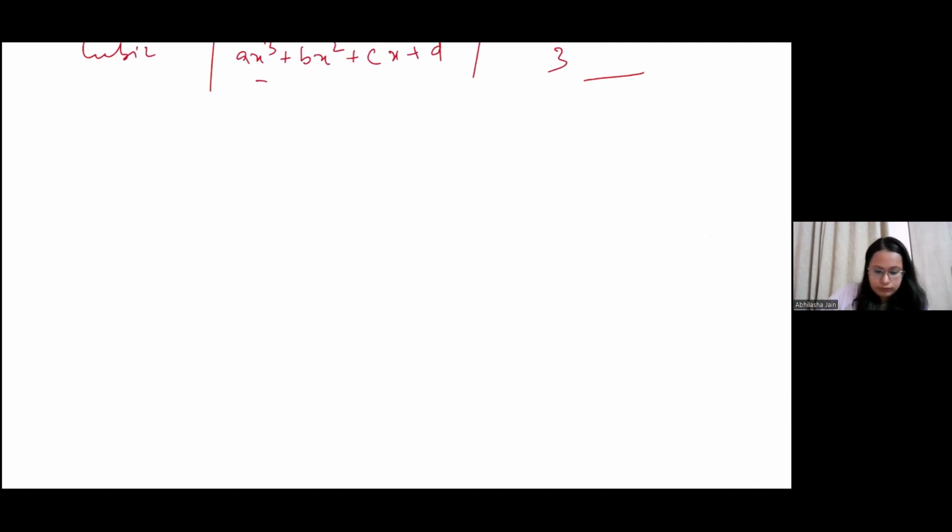It is also called a zero because these are the values of x which make the polynomial 0. So let's say 3x plus 4, right? How do we find the zero of this equation? We equate it with 0. Now we find the value of x. The value of x is negative 4 by 3.